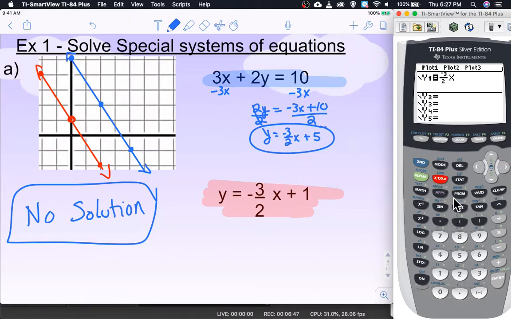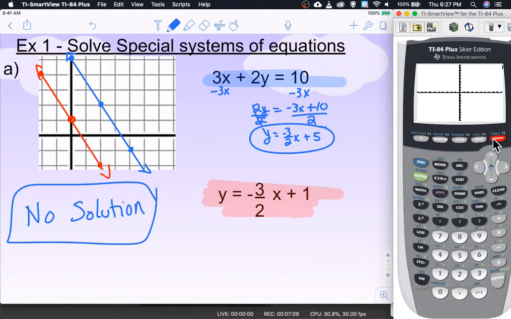That's this button here, plus 5. And the other one is a fraction as well. Negative 3 over 2 x plus 1. So I have both of them here.